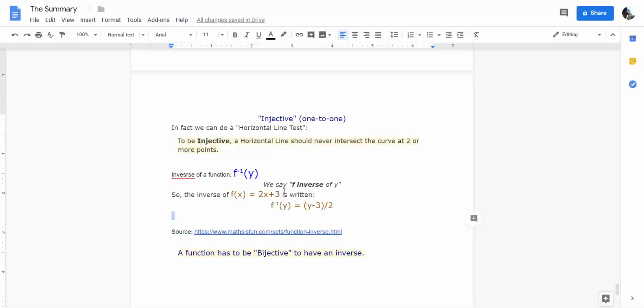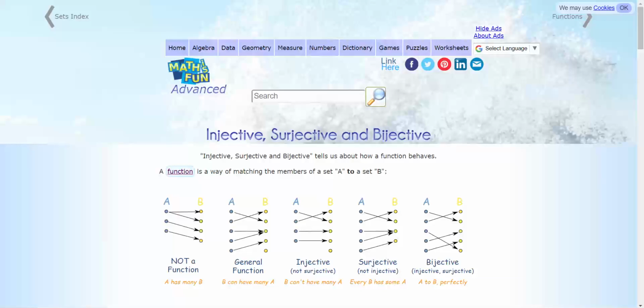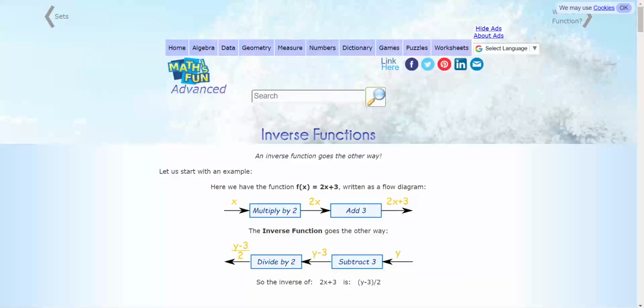For a function, the vertical line test tells you if what you have at hand is a function or not, simply because if 2 points cross the vertical line, then you end up with a non-function, just a mere mapping.